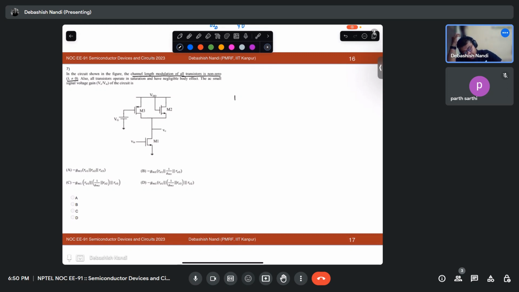So let me draw the transistors. This is an NMOS, and it is something like this.